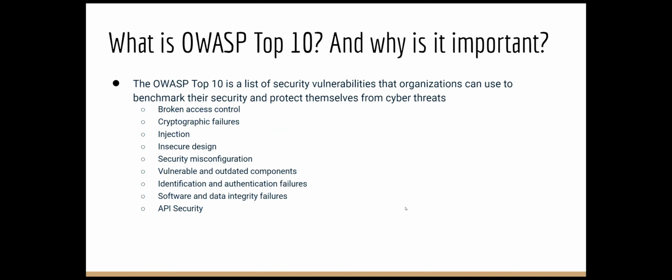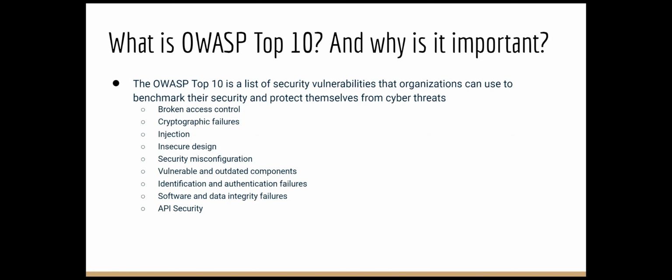In this particular slide, we are going to look at OWASP top 10 vulnerabilities. OWASP is an organization that identifies application security vulnerabilities and benchmarks their security and protects themselves from cyber threats. It helps the organization to compare the common application security vulnerabilities and helps them to protect their application from cyber threats.